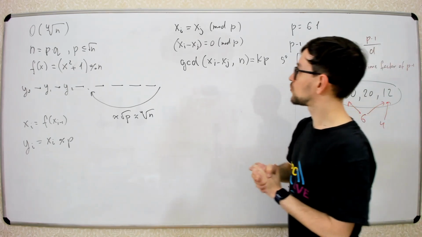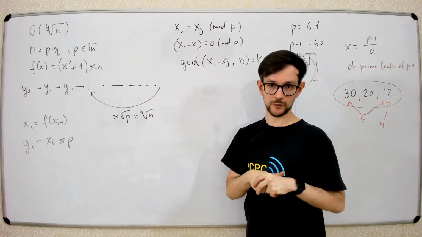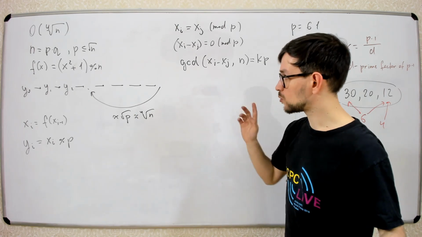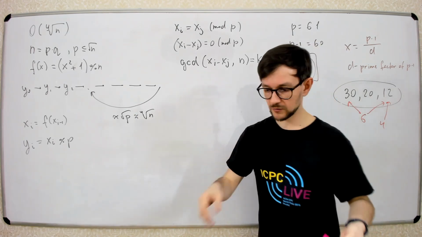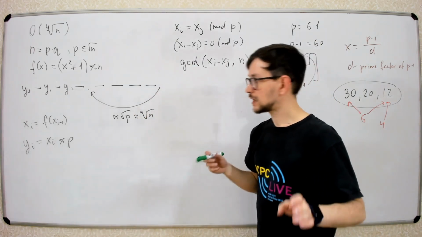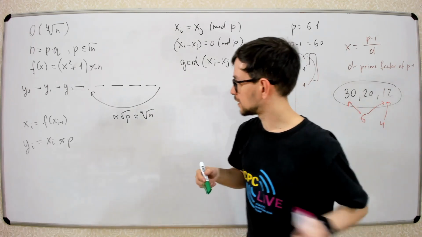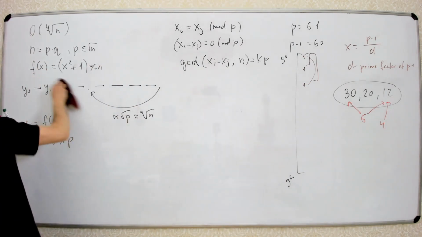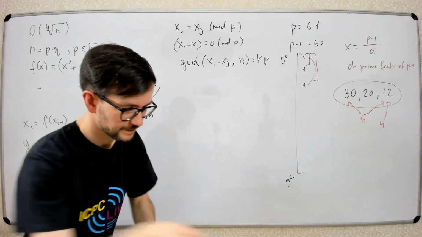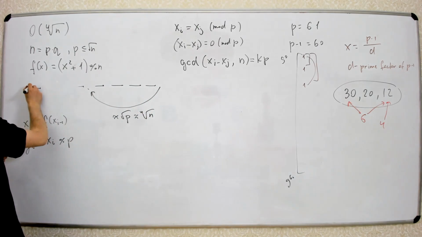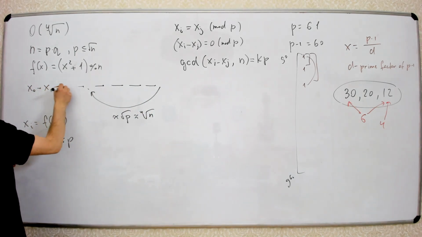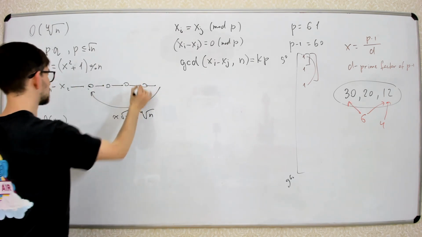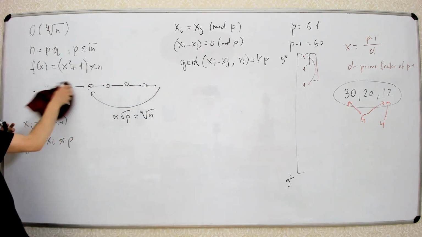Now, how to find out that we actually have a period modulo p? We can't. But we can look for the period using the following algorithm. Very simple algorithm. Let's take 2 pointers: x1, x2, and so on.